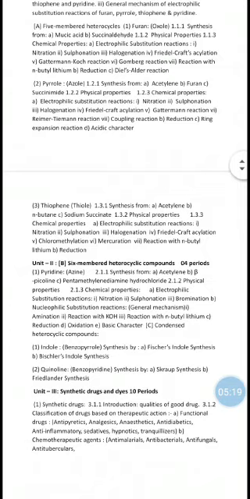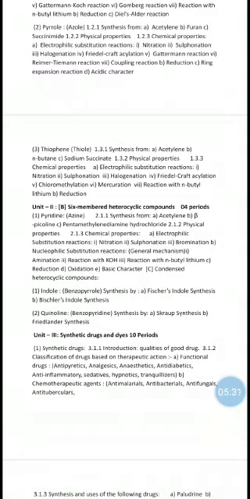After 5-membered heterocyclic compounds, we are going to see 6-membered heterocyclic compounds. In 6-membered heterocyclic compounds, we are studying the synthesis, chemical reactions and general properties. It includes pyridine, indole and quinoline.